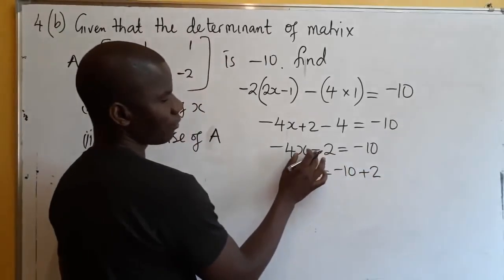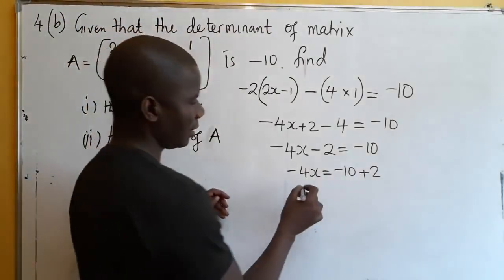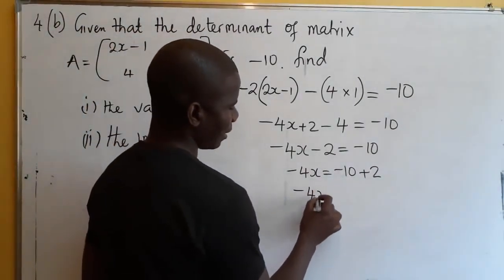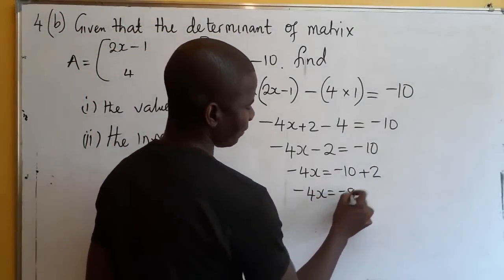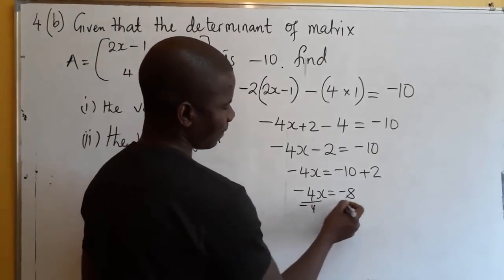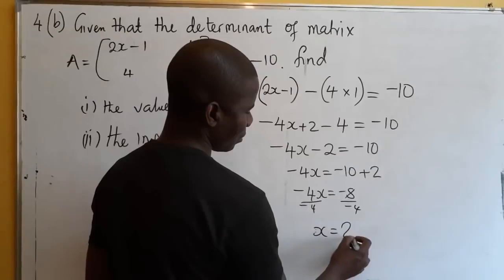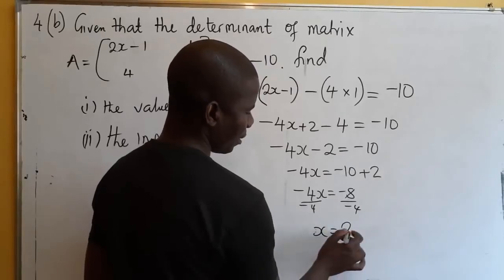The additive inverse of -2 is +2. So we say -4x is equal to -8. We divide both sides by -4, so x is equal to 2.